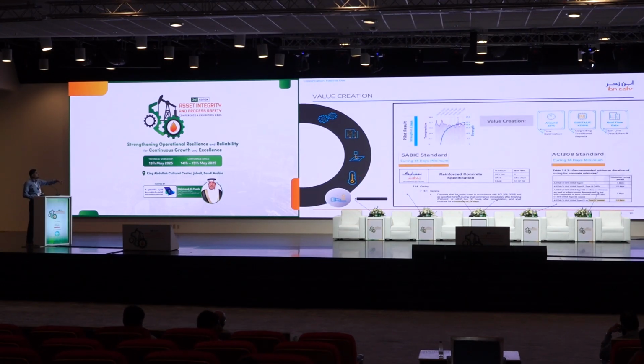As I explained, given the relationship between the strength and the temperature, we get 3 values from this. We optimize the time by around 65%: rather than waiting 14 days, we get the full compressive strength in 5 days.